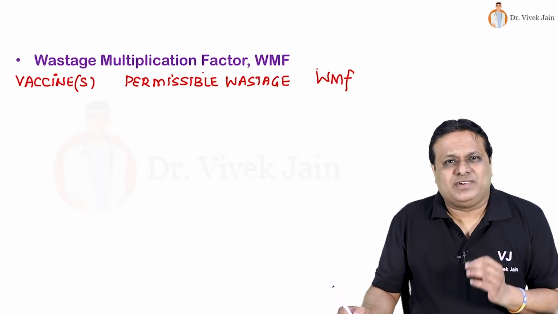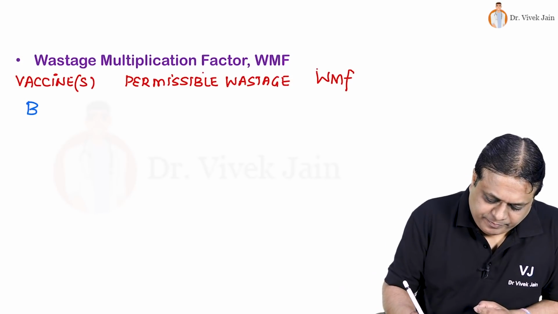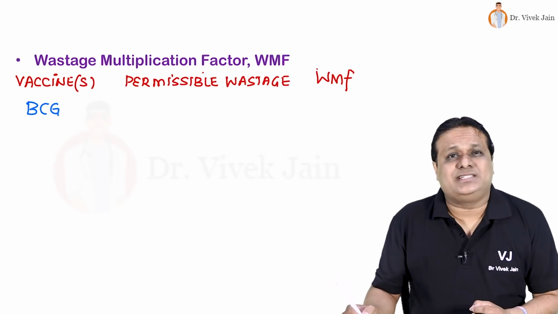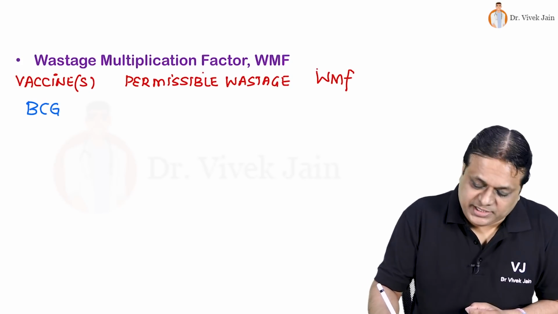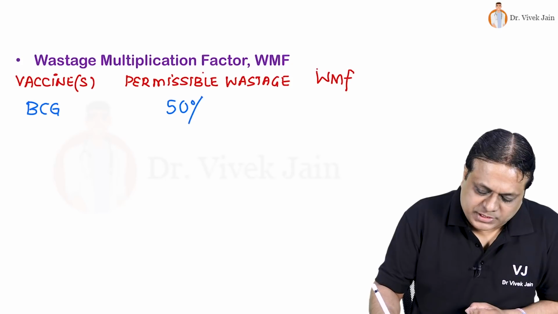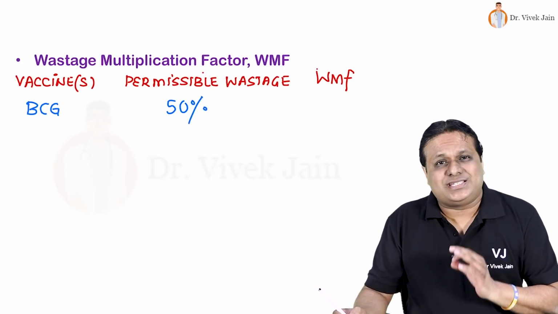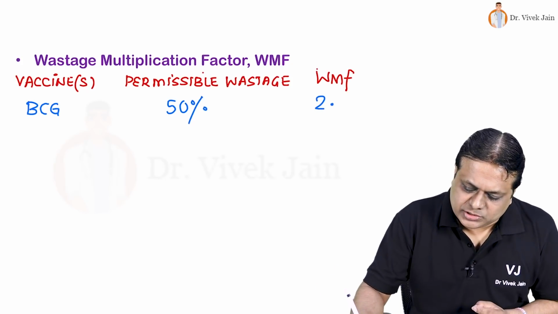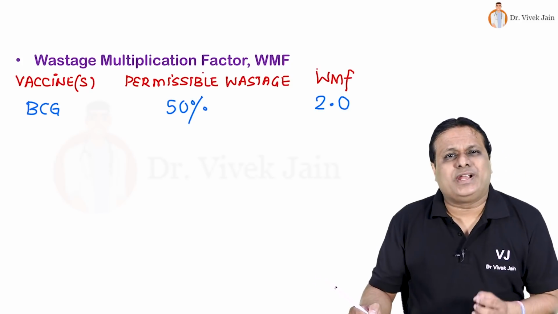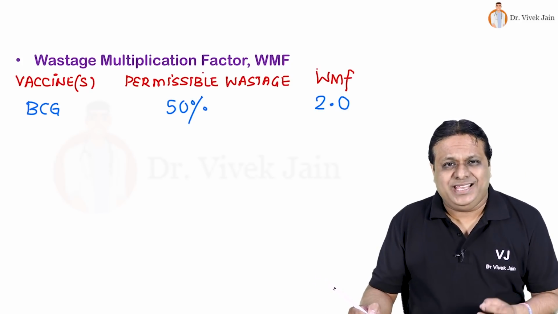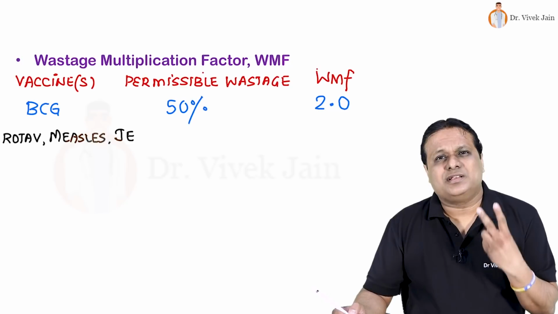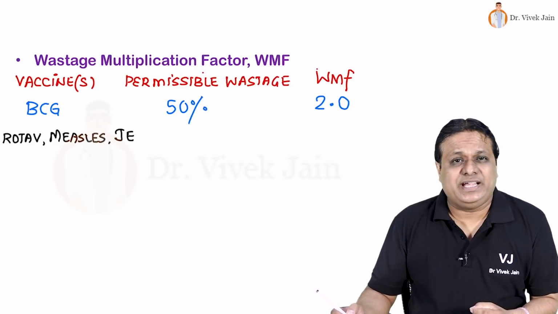First vaccine given to a child is BCG. This vaccine, the permissible wastage is highest, that is up to 50%. So its wastage multiplication factor is 2. When we look at the second group of vaccines, these include rotavirus, measles, Japanese encephalitis vaccine.